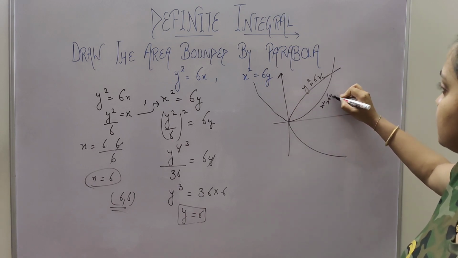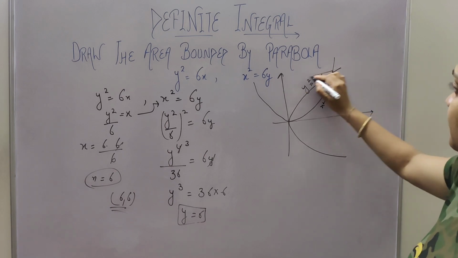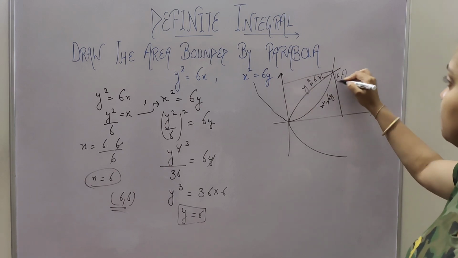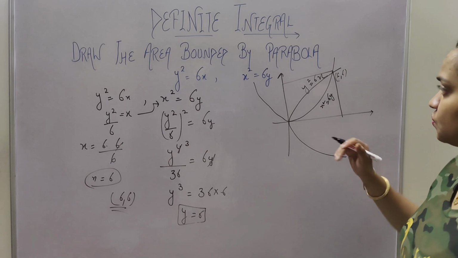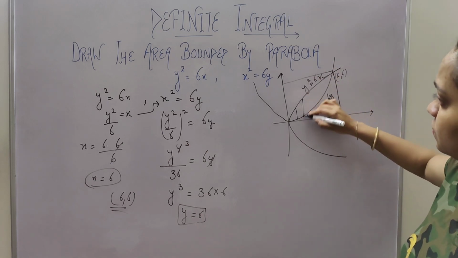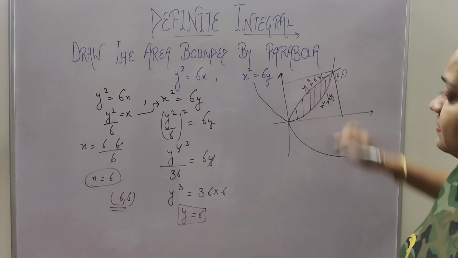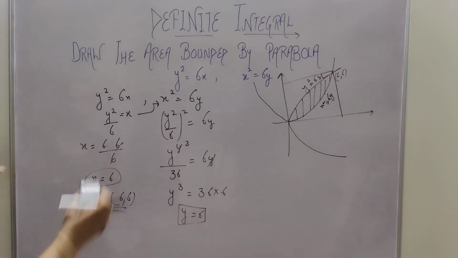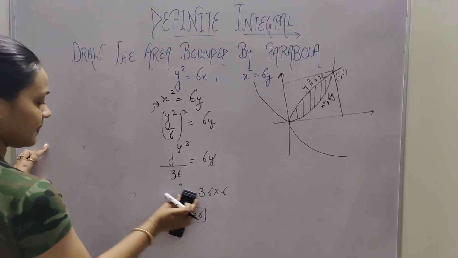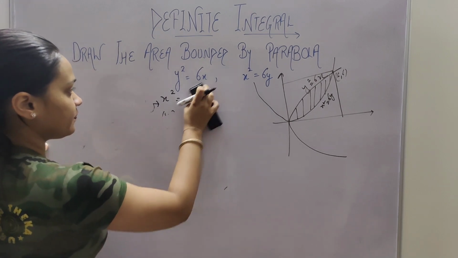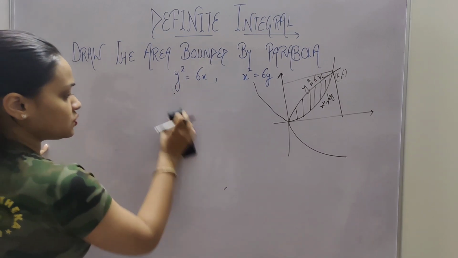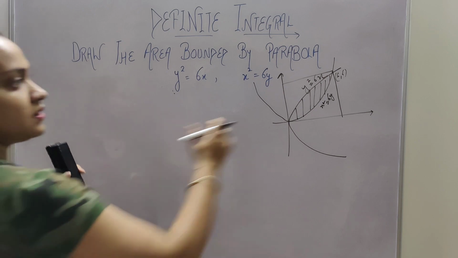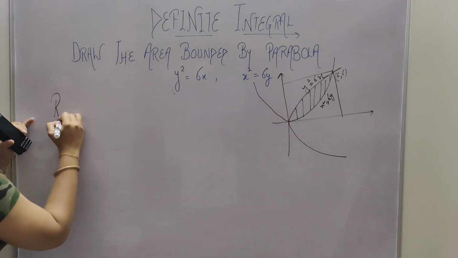This is the point of intersection of the two parabolas. So we are just going to calculate this required area in this question. So firstly, we are just going to rub this so that we can calculate the required area.